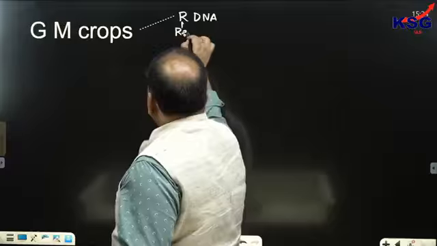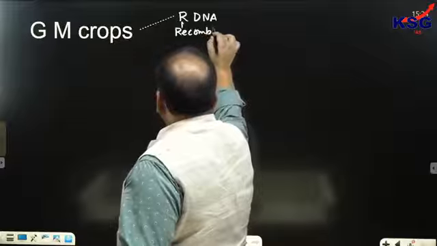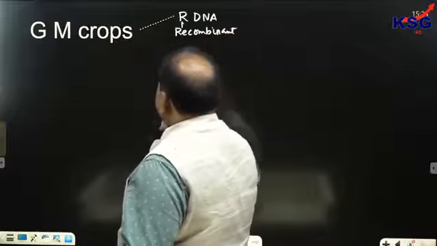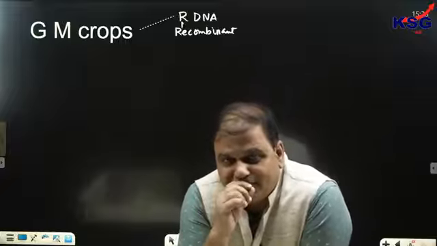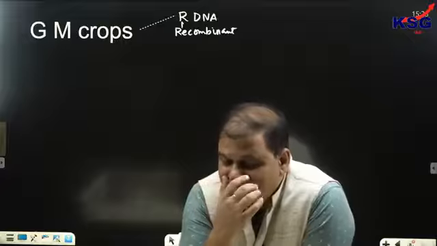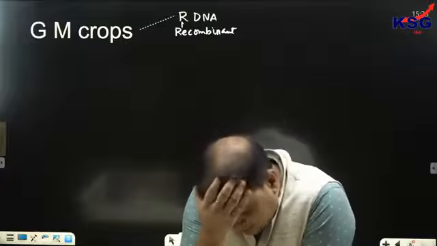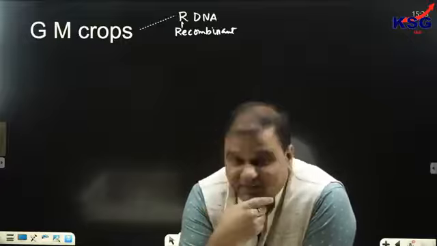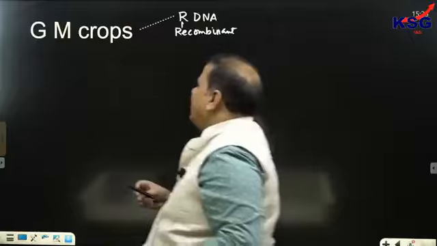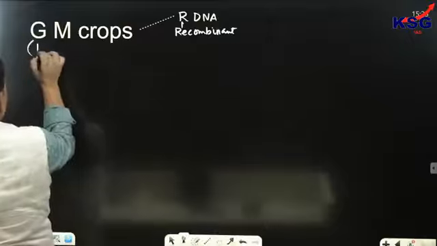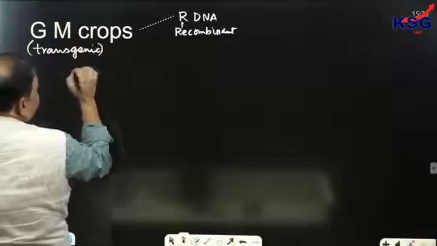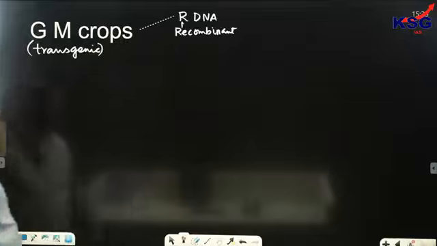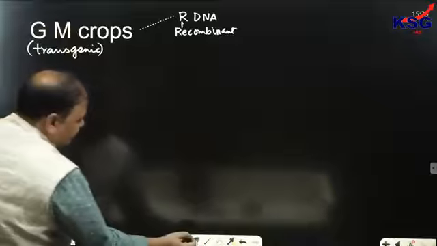And if recombinant DNA is present, it means that genetic engineering has been conducted on these crops. Clear? So these are also referred to as transgenic crops. The first thing is that essentially they should have rDNA, which means genetic engineering has been conducted.